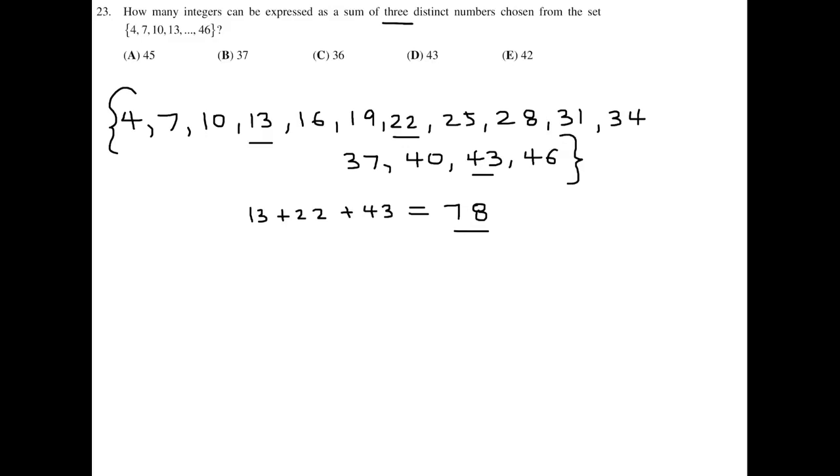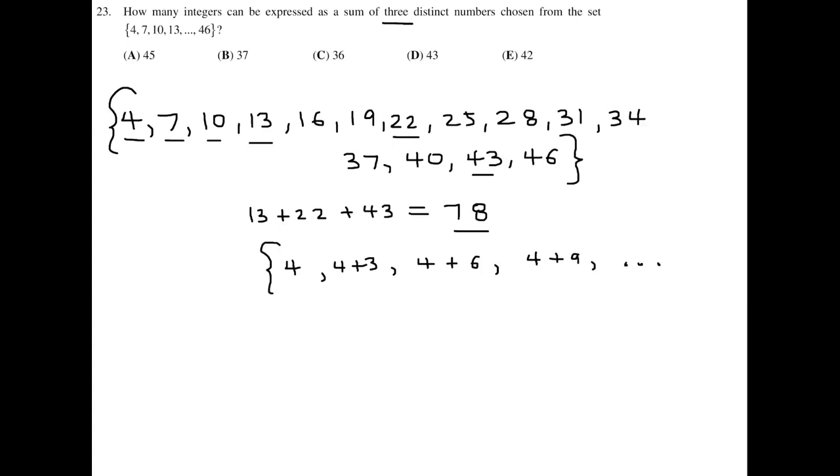So let's look at each term and see what kind of format it's in. The first one is 4. The next one looks like 4 plus 3. The next one looks like 4 plus 6. The next one is 4 plus 9, and so on, right? That's sort of the nature.